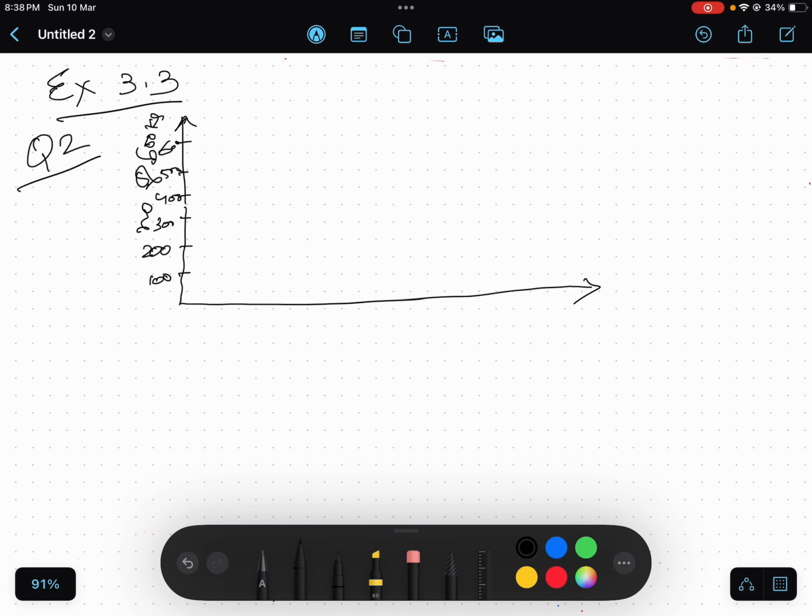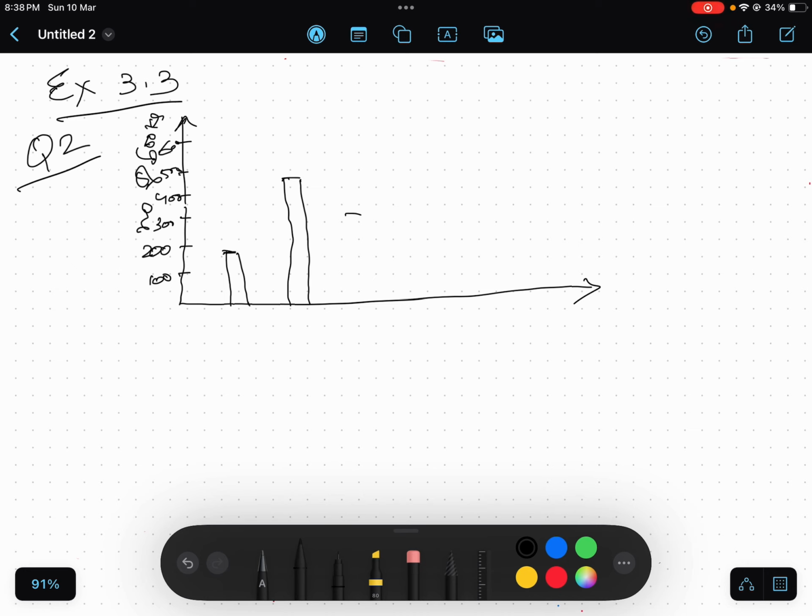Then years. In 1989 it was about 180. So it is something like this. And then in 1990 it was about 475. Something like this. And then in 1991 it was almost 300.